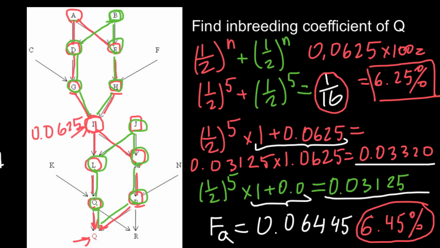By the way, I want you to pay attention. Here we have consanguineous mating between two cousins, and here is the inbreeding coefficient. 6.25% of all loci would be homozygous. And here we also have the same picture.